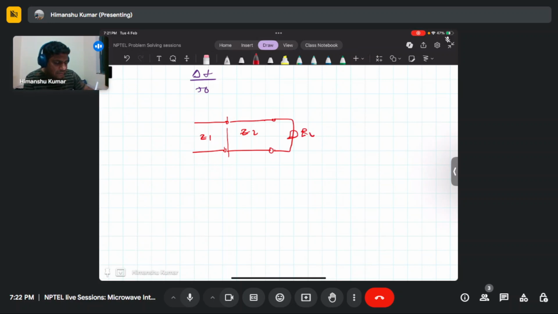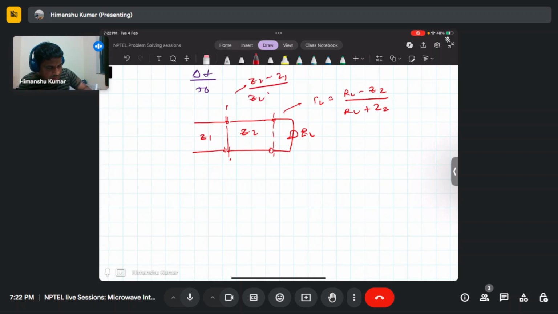At the load side, the reflection coefficient gamma L is equal to RL minus Z2 divided by RL plus Z2. Similarly, the reflection coefficient here will be Z2 minus Z1 divided by Z2 plus Z1.